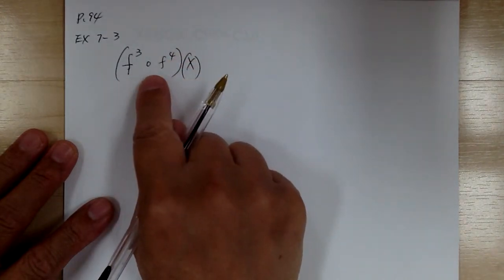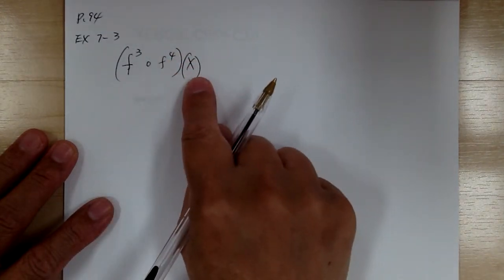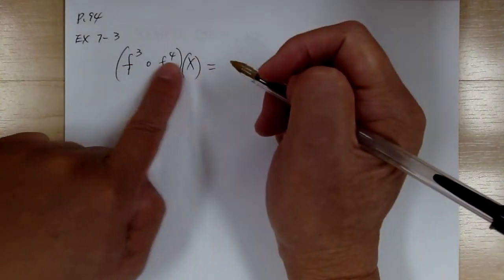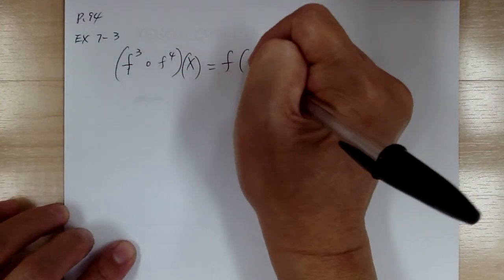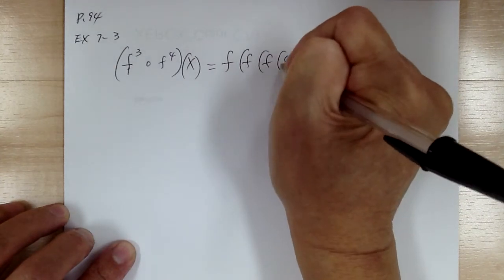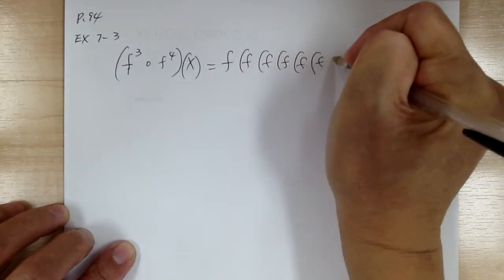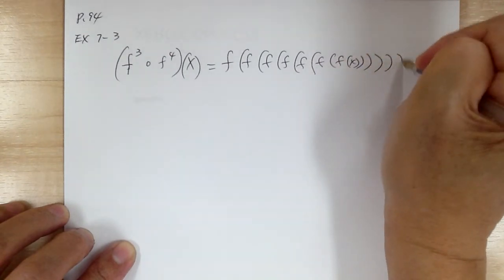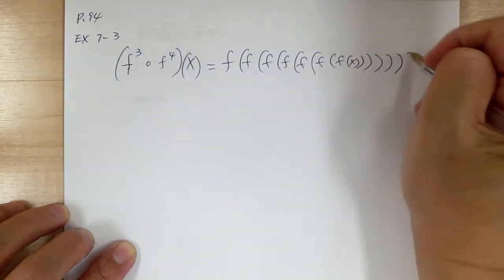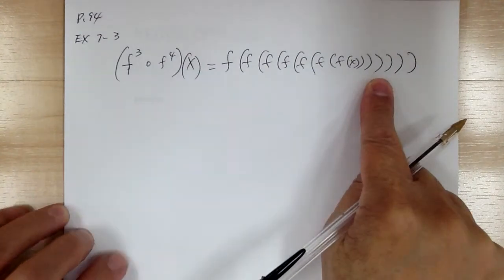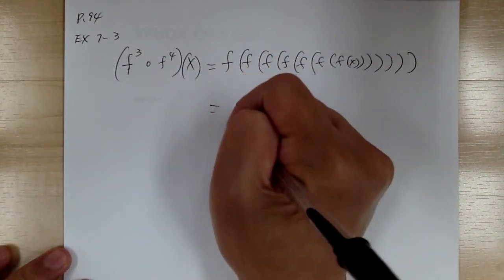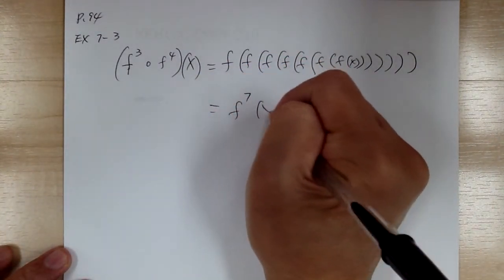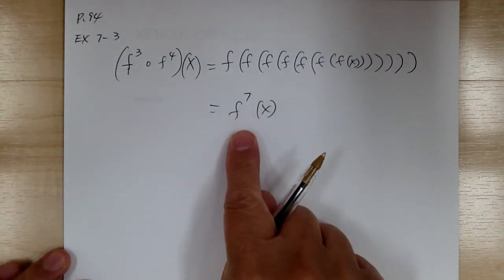So f3 of f4 of x is equal to, there are 7 of them, so f7 of x. Okay, now be careful with this.